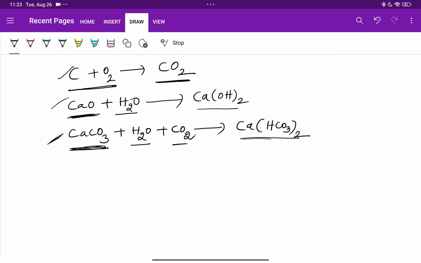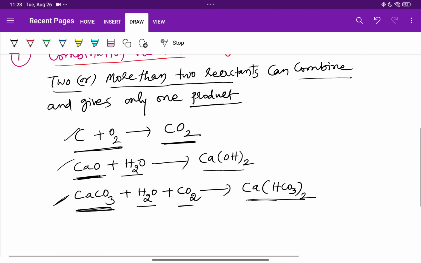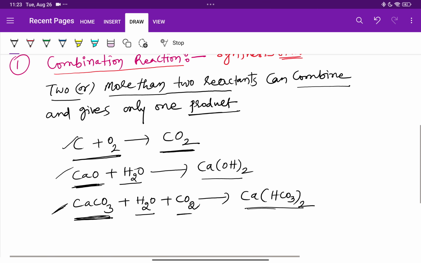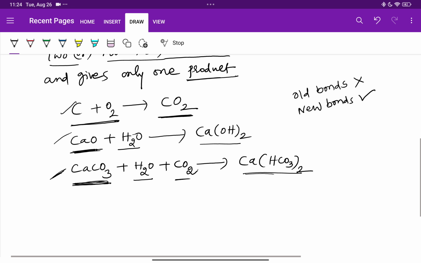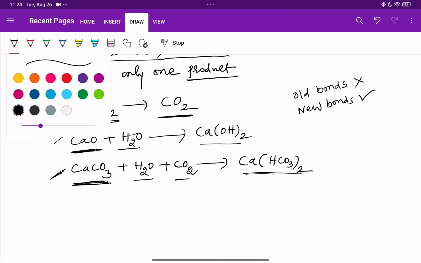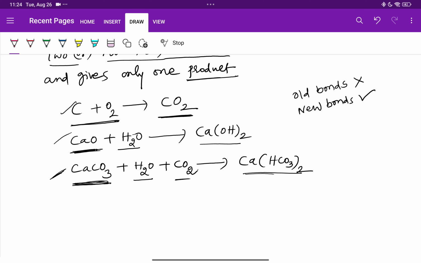So this is the meaning of combination reaction. And I told you one point, that when a chemical reaction happens, old chemical bonds will be broken and new chemical bonds will be formed. How? Let us see one example. Here, calcium oxide is there. In between the calcium and oxygen, chemical bonds are there.